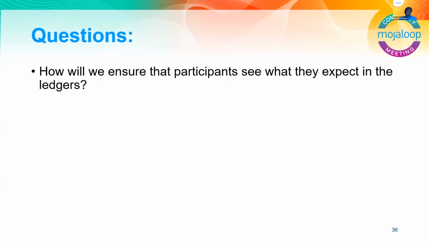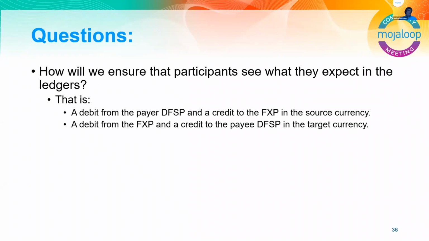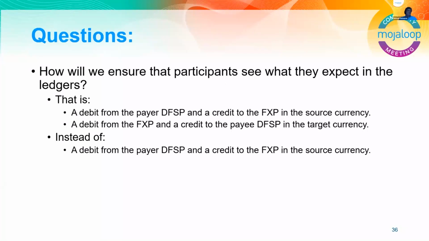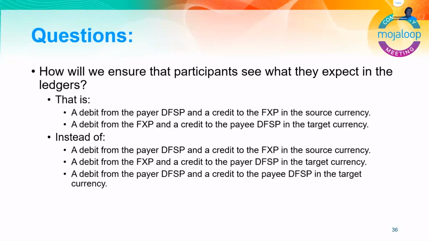How will we ensure that participants see what they expect in the ledgers? And that is a debit from the payer DFSP and a credit to the FXP in the source currency, and a debit from the FXP and a credit to the payee DFSP in the target currency. Whereas in the new way of things, we're expecting to see a debit from the payer DFSP and a credit to the FXP in the source currency, a debit from the FXP and a credit to the payer DFSP in the target currency, and a debit from the payer DFSP and a credit to the payee DFSP in the target currency.